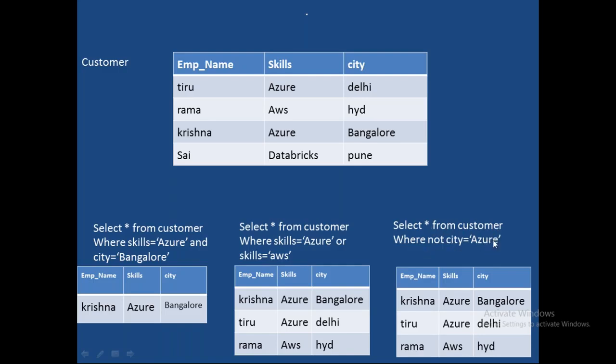I entered Azure by mistake, it's Pune. So when I correct it, select star from customer where not city equal to Pune. Pune means here. This is the only record which has Pune. So when I say not city equal to Pune, meaning except this record, I'm getting everything else.